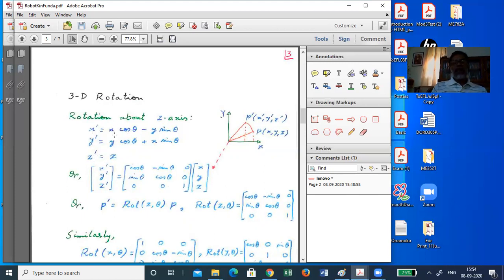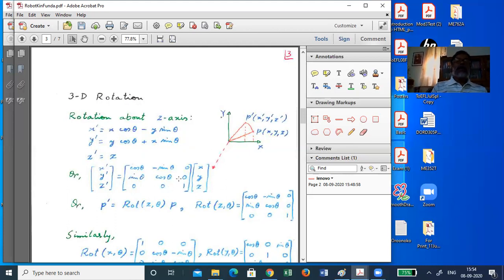Now these three linear equations, when you write together, look at this. Now this is the rotation matrix. The old 2 by 2 matrix is sitting here, and the third column and the third row are dummy 0, 0, 1. Because this is now no more rotation about origin, it is a rotation about z axis, which was always the case.